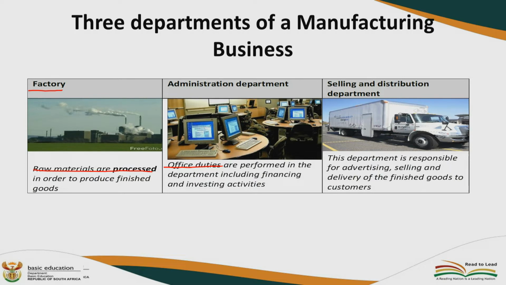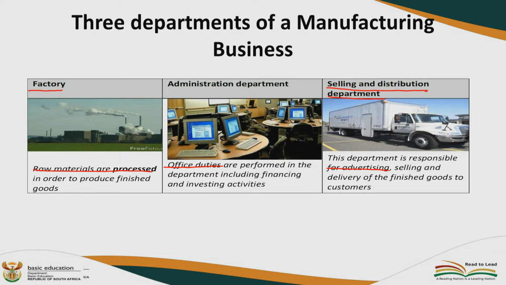All right? So all the office duties are being performed right here in our administration department. Boys and girls, there is the third department now which has to do with selling and distribution. So remember, when the dress is manufactured, there is the factory. We also have the administration, and the last and the third department is what we call the selling and distribution department. So this department is responsible for advertising.